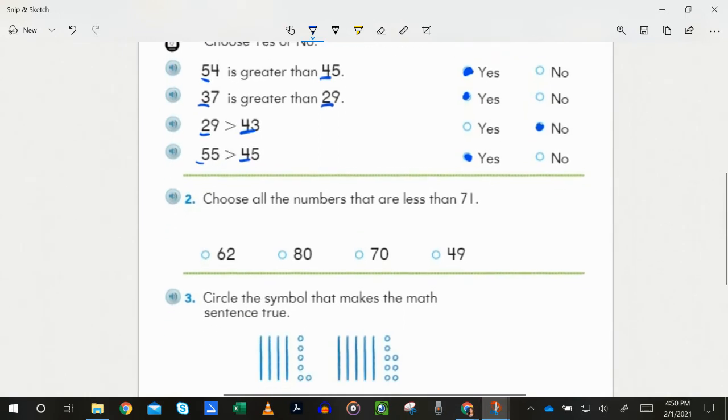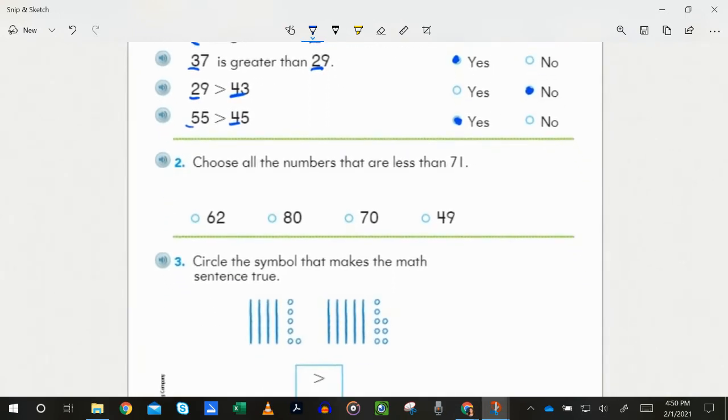Number 2, choose all the numbers that are less than 71. The first thing I'm going to look at is tens and find tens that are smaller than 7. I see 6 tens, okay, 8 tens, oh, that's bigger, 7 tens, ooh, that one's the same, so I'm going to have to come back there, and 4 tens, okay. If the tens are smaller, I already know it's a lesser number.